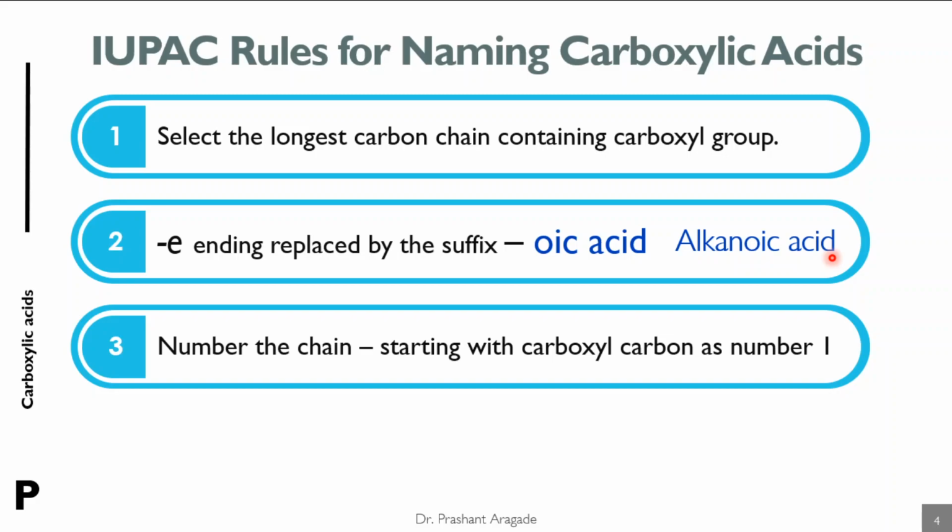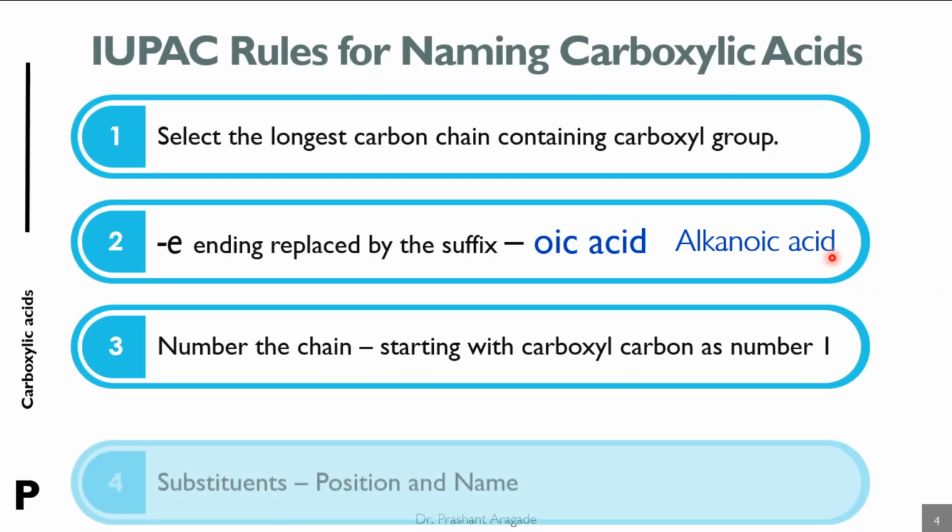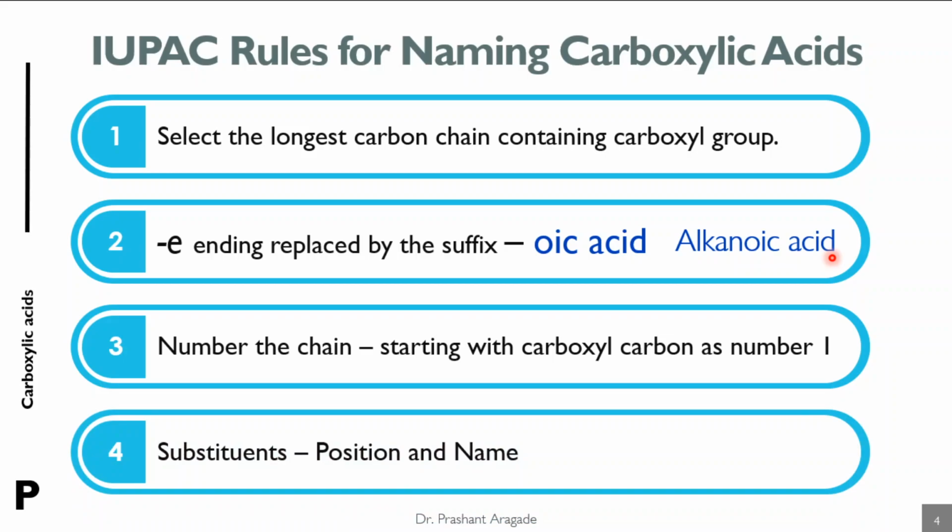So there is no need to mention the position of the carboxyl carbon atom while naming the carboxylic acids. And last, try to find the substituents present in your compound. Then you have to mention the position number and name of the substituents as a prefix onto the parent name.